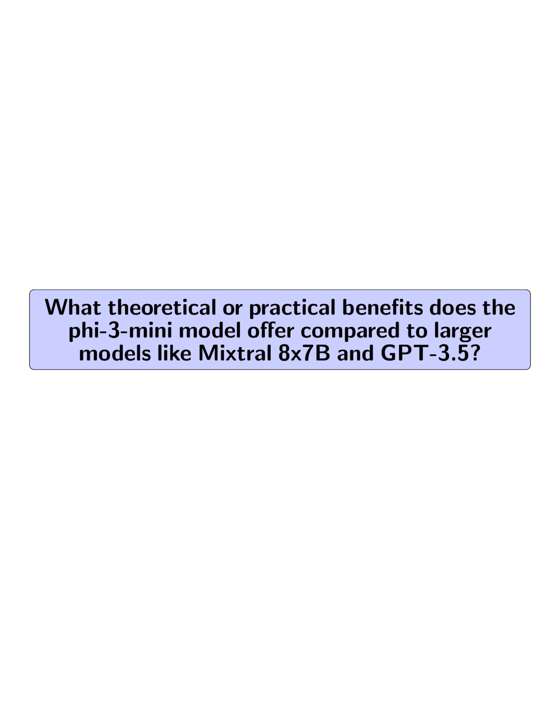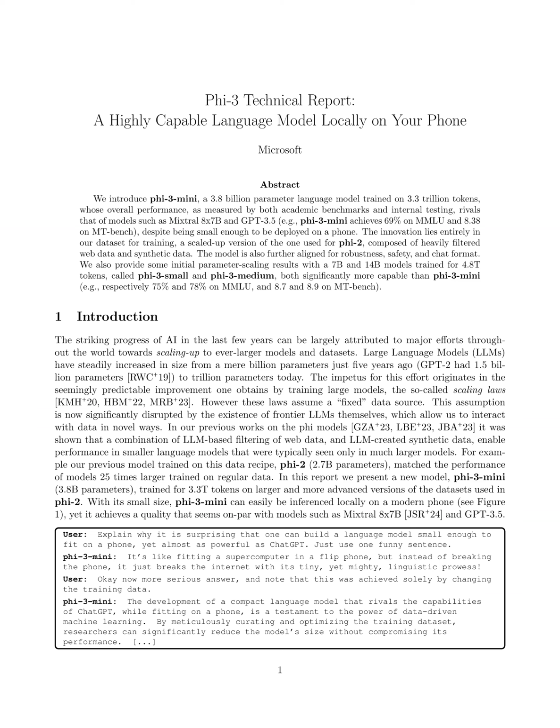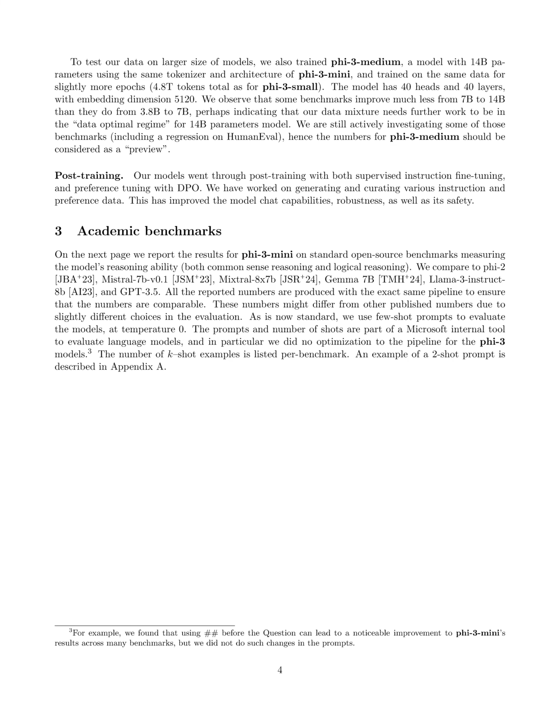What theoretical or practical benefits does the Phi-3 mini model offer compared to larger models like Mixtral 8x7b and GPT 3.5? The Phi-3 mini model offers theoretical and practical benefits compared to larger models like Mixtral 8x7b and GPT 3.5 in several key aspects.